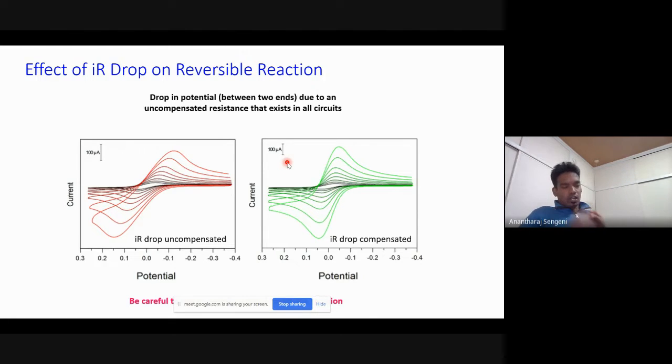So both RU and double layer capacitance can cause potential drop and potential delay, so that there will be a shift in peak potential. This is something we must understand.